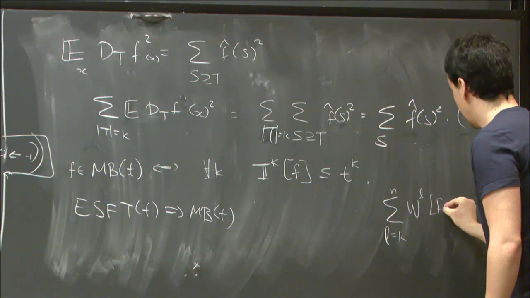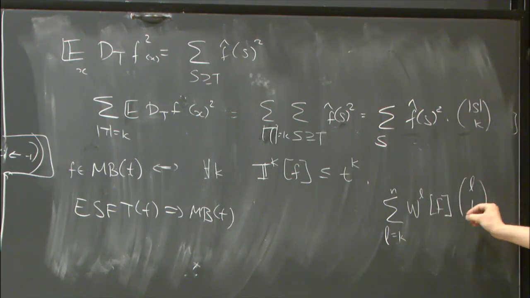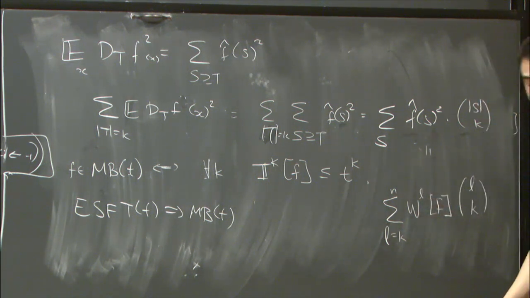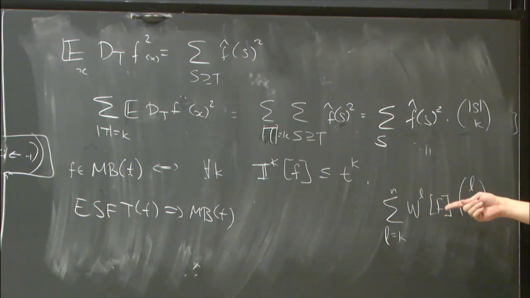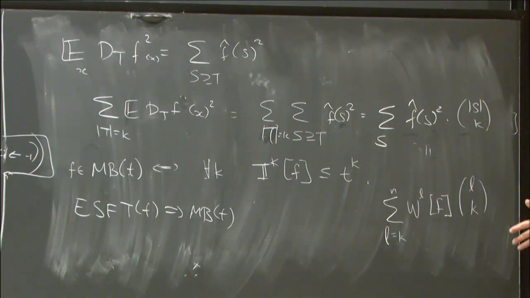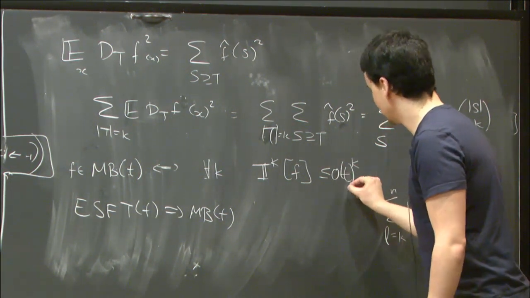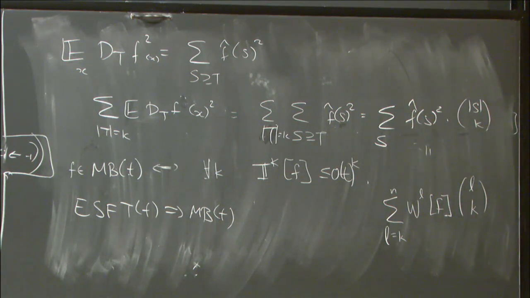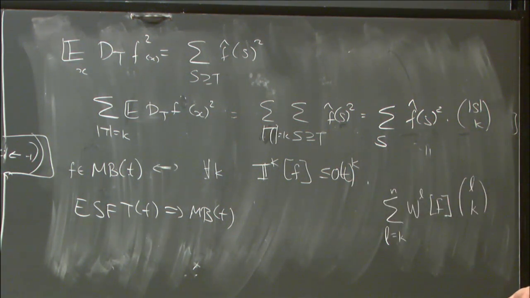I can take the Fourier weight at level L times L choose k. Right, this exactly equals this thing. And since I know the tails of the weights, I can plug it in and I get this bound. Okay, so I won't show it, but it's really simple calculation. Okay, maybe to be more careful, let's write it something like this. So maybe I have a constant times t here.